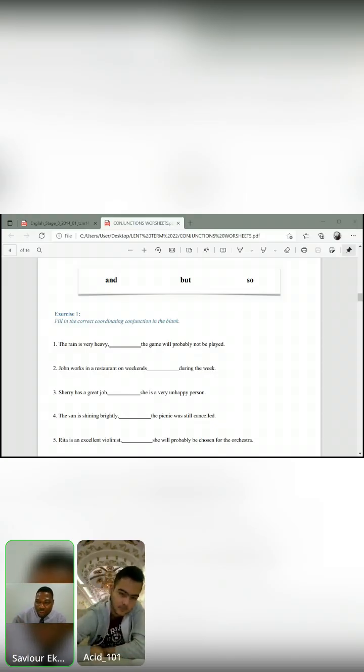So this is present continuous, is shining, but the other clause uses simple past, was cancelled. Not even past continuous, but simple past, which means there is no parallel structure in that sentence.